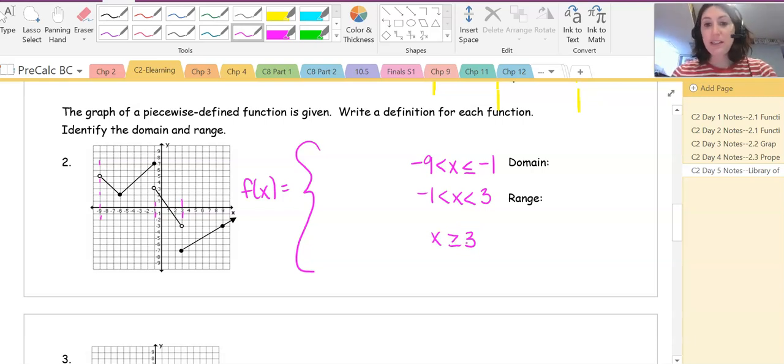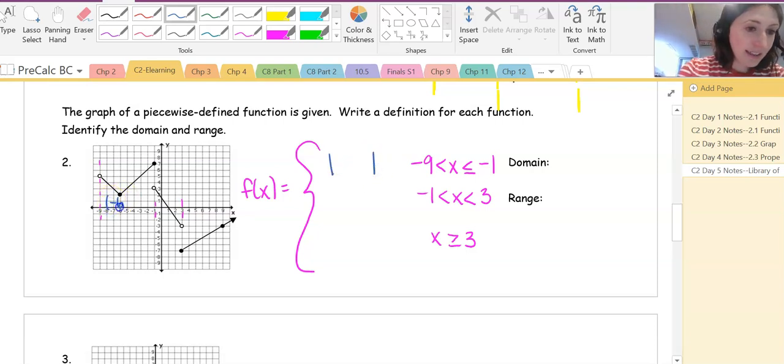Okay, and now we just need to figure out the equations. So the first branch is an absolute value. It does have a vertex. That vertex needs to be a part of our equation. So your vertex, it looks like, is at -6, 2. Remember, when you write your absolute value, you're going to switch the x coordinate. So we should have an x plus 6 and then a plus 2.